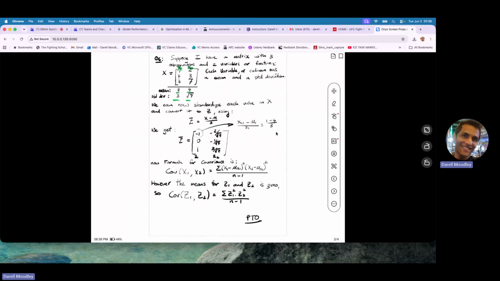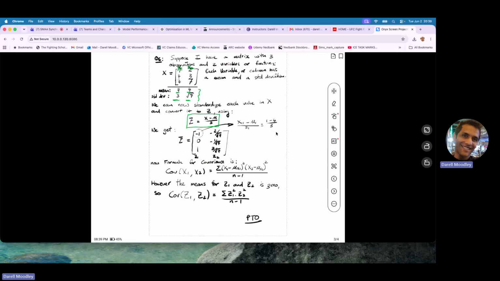Once I have that, I can standardize each of the x values. To standardize means to convert it to a z value, using the standardization formula given here. I take each x value, subtract its mean, and divide by the standard deviation, which I already have listed here.